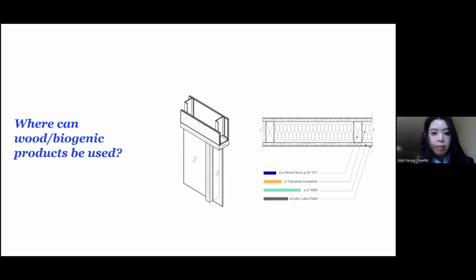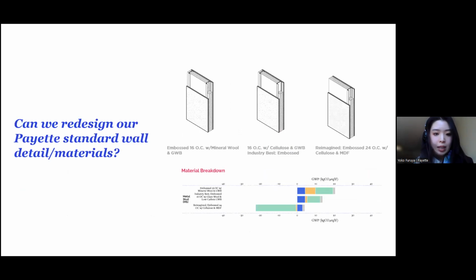In particular, the reimagined wood stud performed the best of all of the assemblies that we studied. So of course, we would hope to recommend that we start to use this assembly whenever possible. Next slide. And additionally, can we redesign our standard wall details and materials?